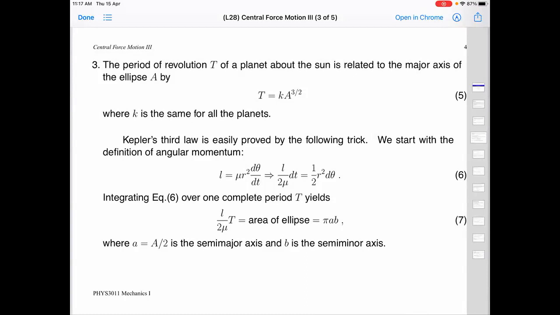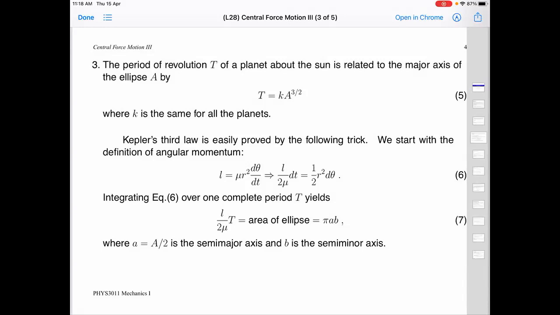Okay. Now, so we try to prove equation 5. The period is proportional to the 3/2 power of the area.